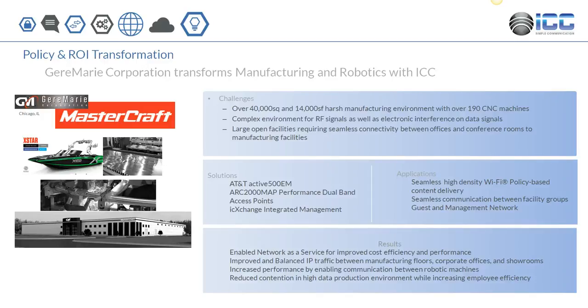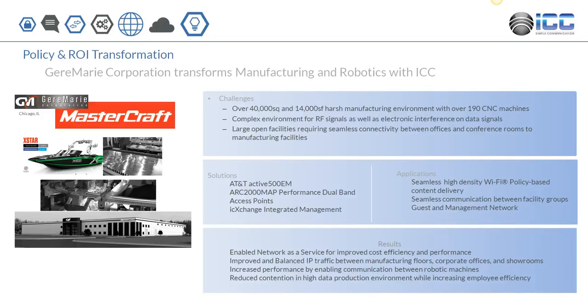And in that environment was a very simple setup with 802.11n technology, high performance N technology used with a control system to allow for seamless high density Wi-Fi. That's policy based, seamless communication between facilities groups, guest and management network enablement as well.